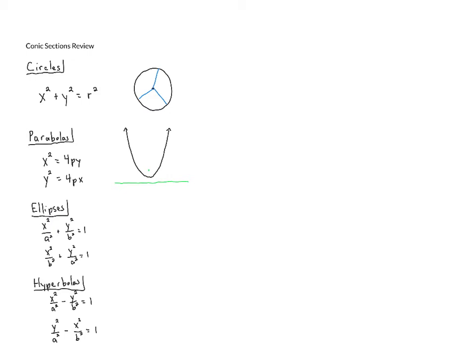And so the definition of a parabola is the set of points such that the distance from the point to the focus is the same as the distance from the point down to the directrix. And that's true with any point on the parabola. So the distance from that point to the focus is the same as the distance to the directrix.